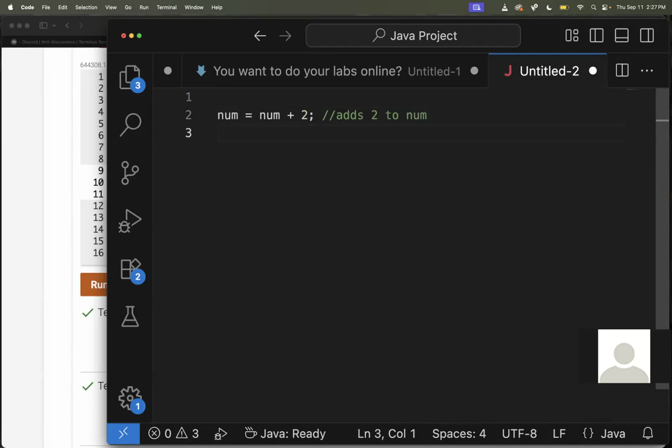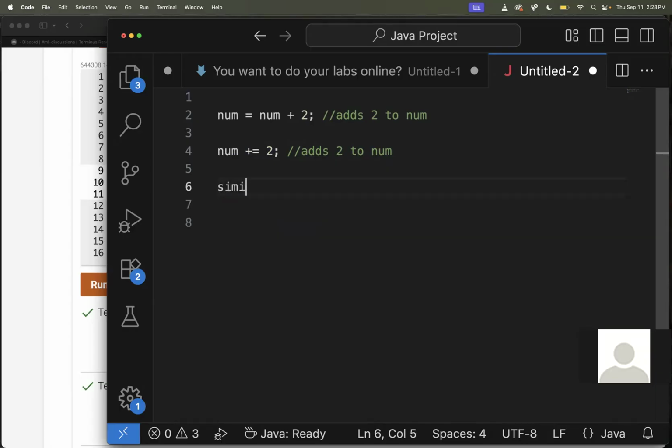But that's not the only way to add 2 to num. Another way is this shorthand notation, plus equals 2. This also adds 2 to num. It's just a shorthand way. So what I typed on line 4 is equivalent to what I typed on line 2. And you can do that for multiplication, division, subtraction, whatever.